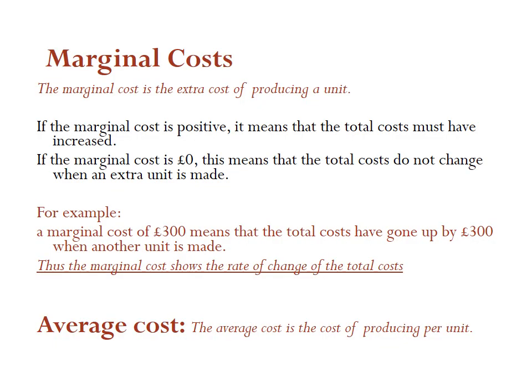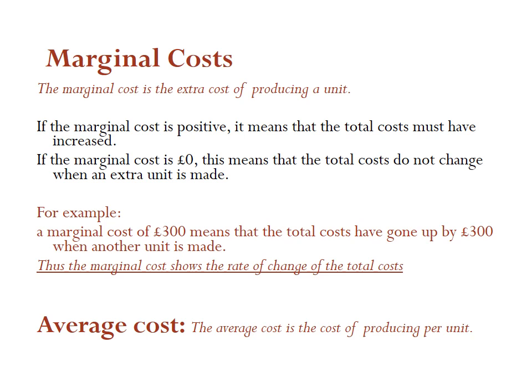Now, like we said, the marginal cost is the extra cost of producing a unit. So the cost of producing 1 additional unit is your marginal cost. If your marginal cost is positive, it means the total cost must have increased, because you have produced this additional unit. That's why your marginal cost is positive. If your marginal cost is 0, this means the total costs do not change when an extra unit is made.